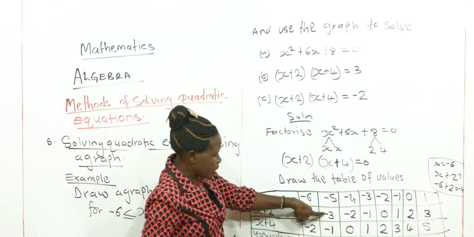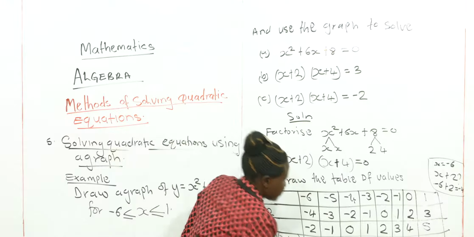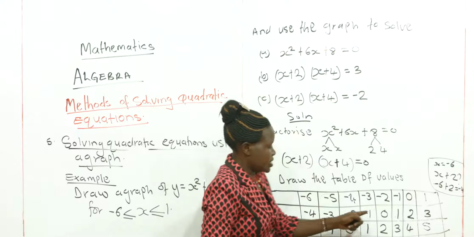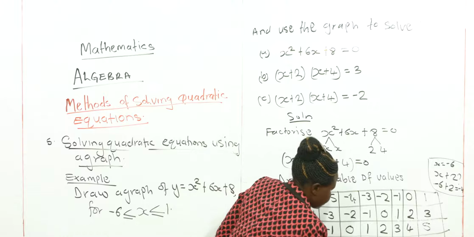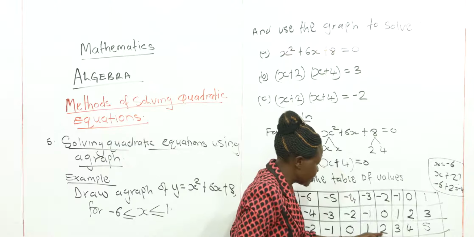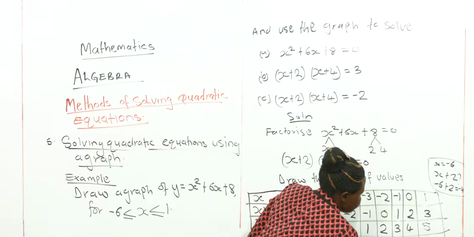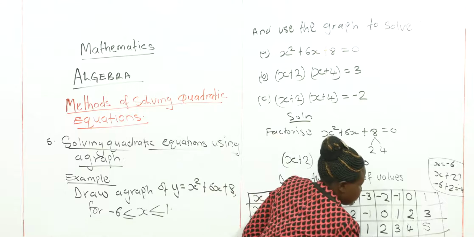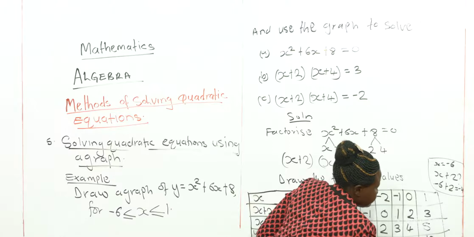And then negative 3 times negative 1, you will get positive 3. Negative 2 times 0, we get 0. Negative 1 times positive 1, we get negative 1. And then 0 times 2, we get 0. 1 times 3, we get 3. 4 times 2, we get 8. And then 3 times 5, we get 15.